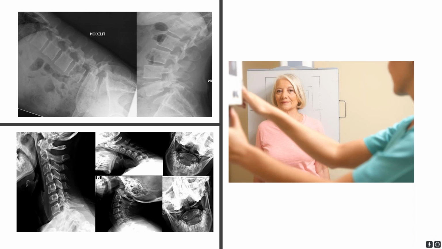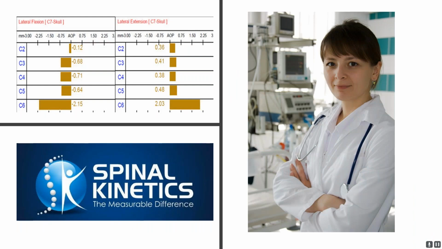It's not picked up on MRI, it's picked up on stress radiology. And it's the easiest thing in the world to do. Now, what we recommend, obviously, for Spinal Kinetics is that you send out to a reputable company that has a lot of experience in excessive motion testing, as our board-certified medical radiologists do.